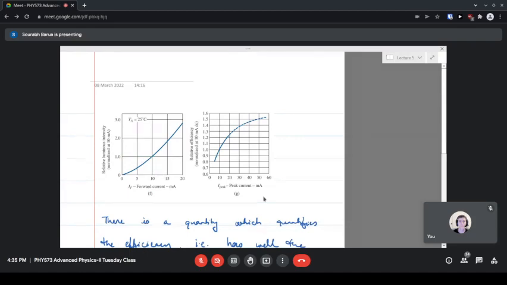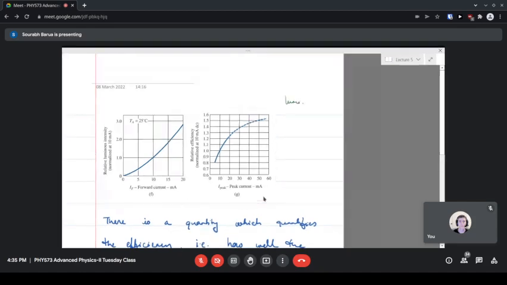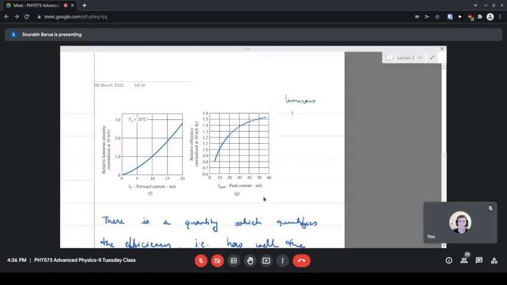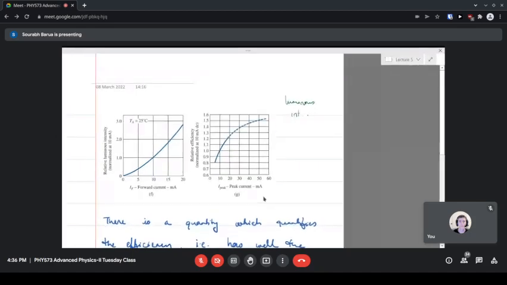Is it clear or not? I think it is not clear, right? Yes, sir. So this is relative luminous intensity. What is luminous intensity? What is the unit? Candela, sir.